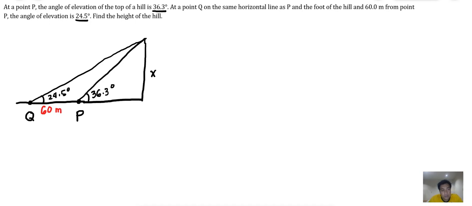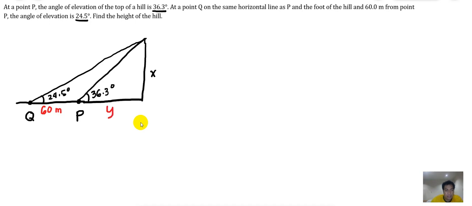Okay, so the distance between the 2 points P and Q is given at 60 meters, and we are solving for the height of the hill, which is represented here as x. The other dimension that we do not know is from the bottom of the hill to point P. From here to here, we do not know the measurement, so we also let that be a variable, say y.